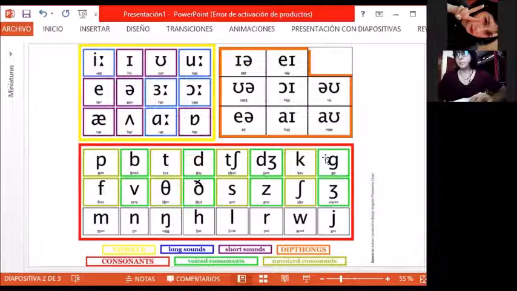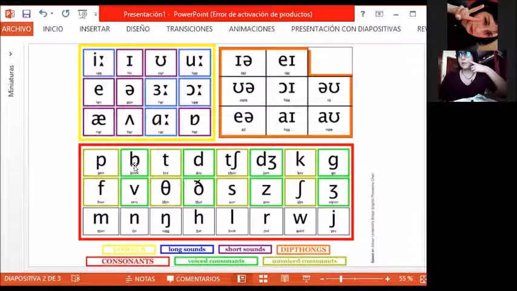When a consonant is voiced, it is because it causes a vibration in our vocal cords, and when it is unvoiced, it does not cause a vibration.